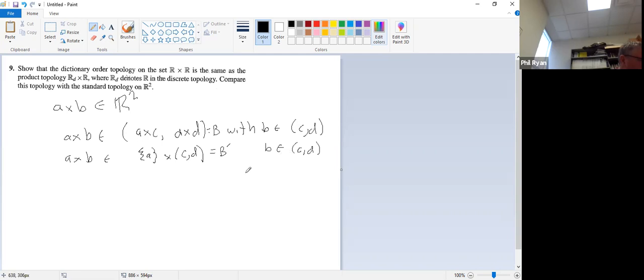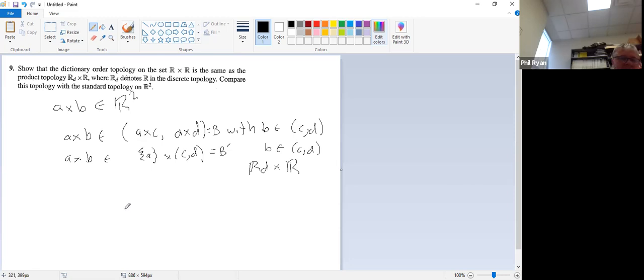Well, this is the basis element in RD cross R. And we see that there's the same. We've got the same base. We've got quite an obvious bijection between these two things. It's a homeomorphism, so they give the same topology.